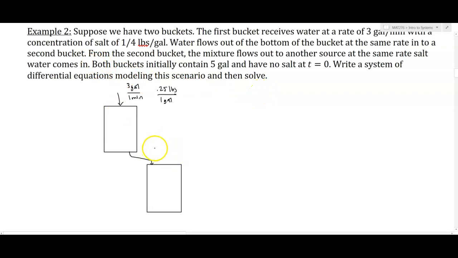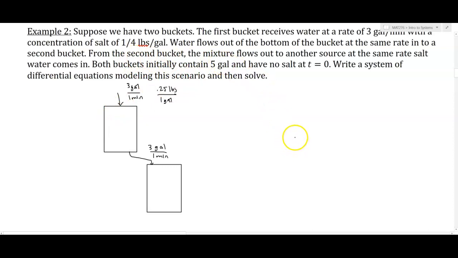The water is still going to come out at 3 gallons per 1 minute, and that should tell us already that the water level is going to stay the same. The water level is neither going to rise nor fall. From the second bucket, the mixture flows out to another source at the same rate.